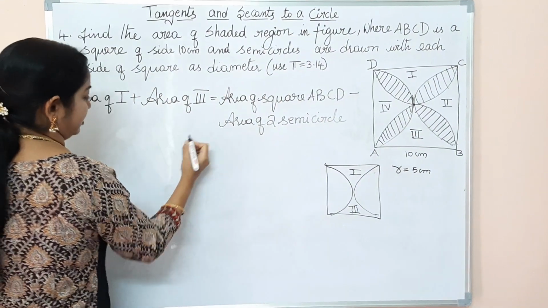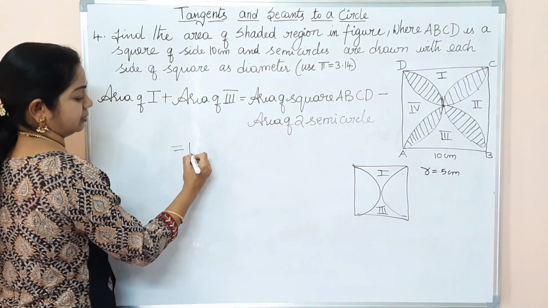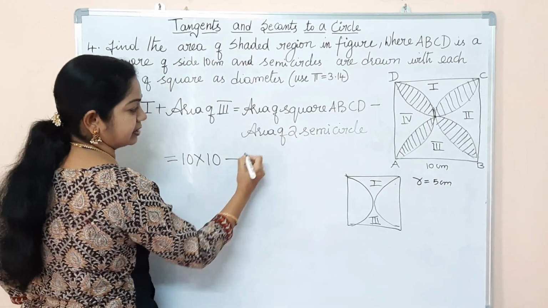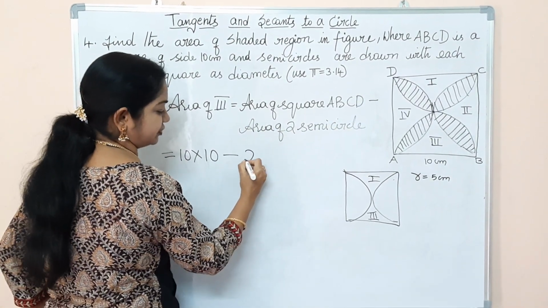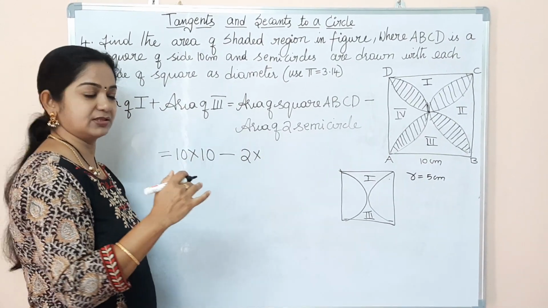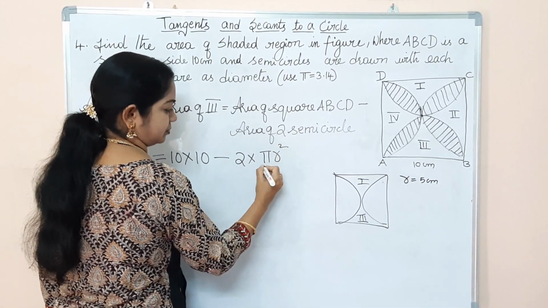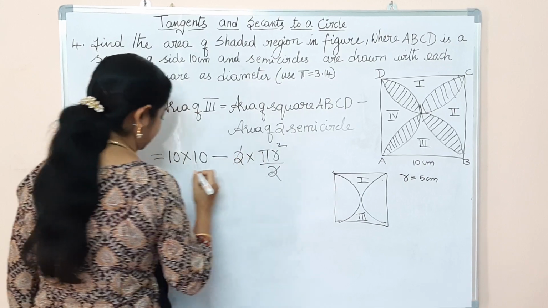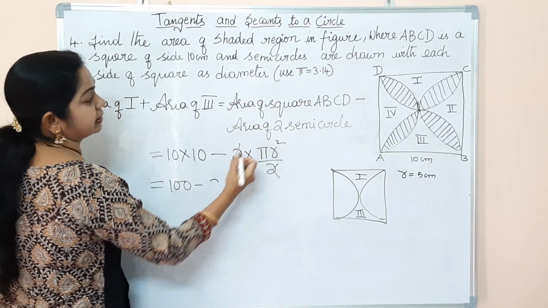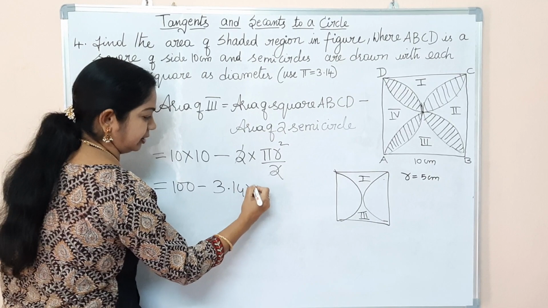So for that, area of the square is having the side 10 centimeters. So 10 into 10, area of square is side square, 10 into 10 minus area of two semicircles. So 2 first I'll write. What's the area of a semicircle? It's half the circle. So pi r square by 2. So let's cancel this. Here it comes to 100 and here given pi value as 3.14, we have to take 3.14 into r.